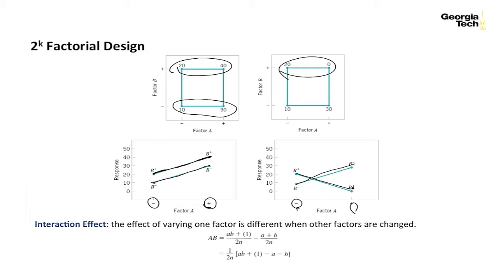However, the effect of factor A when B is at high level is negative because it decreases the response. So in this case, we say there is a significant interaction between A and B on response.